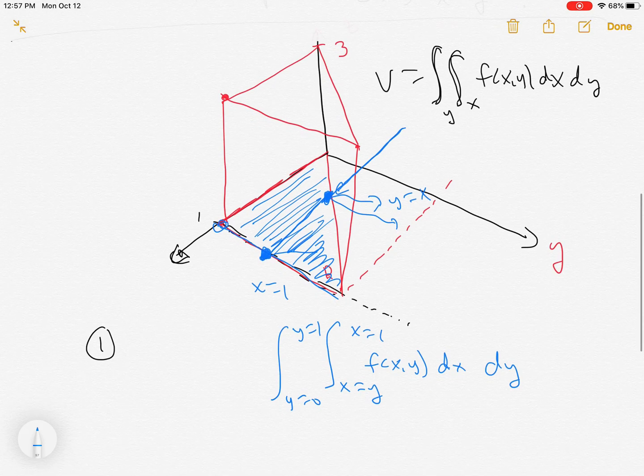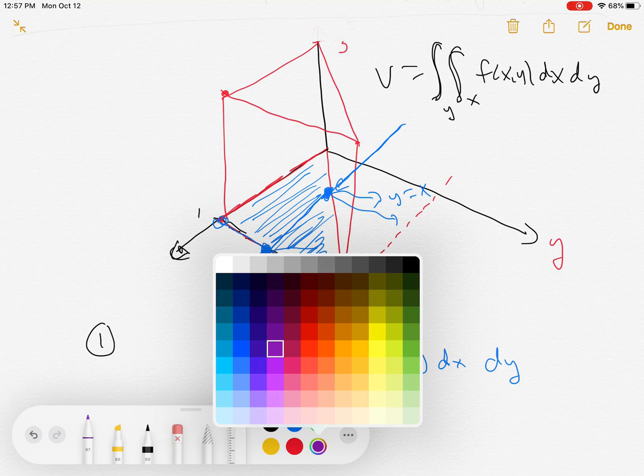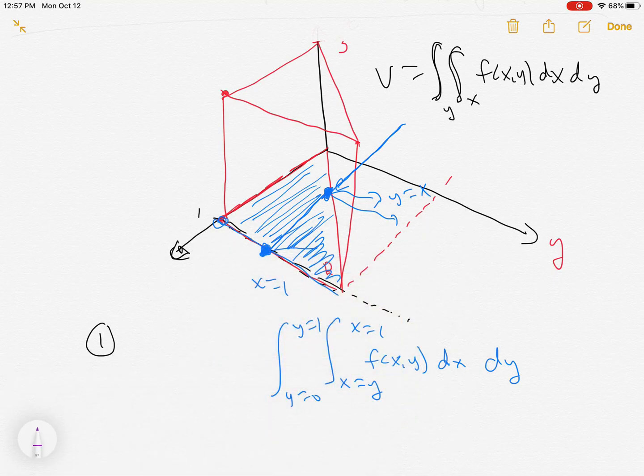Let me move this up just a little bit. There we go. All right, different color. Let's do this in purple. I could have also come in this way and intersected here and here.